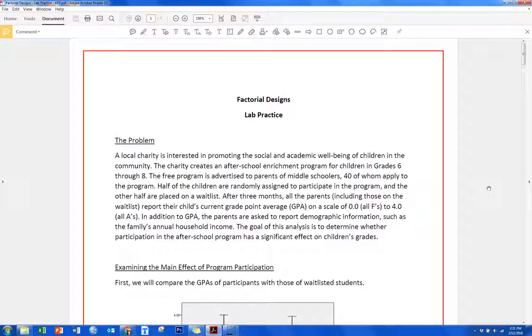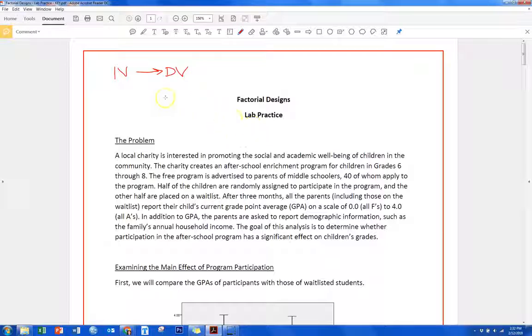The goal of this analysis is to determine whether participation in the after-school program has a significant effect on children's grades. So what do we have here? This is an experimental design. In an experimental design, the independent variable is manipulated, and we look to see what the effect is on the dependent variable.